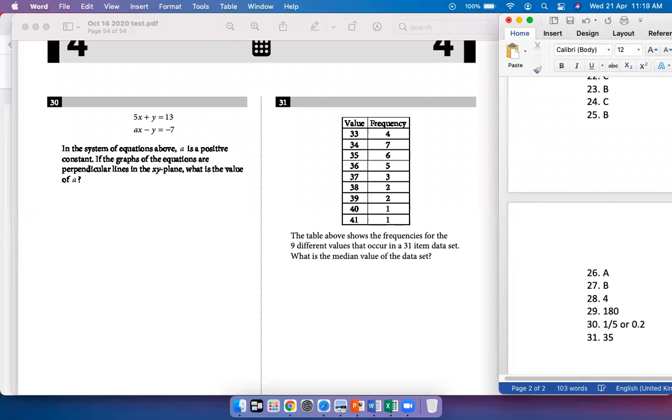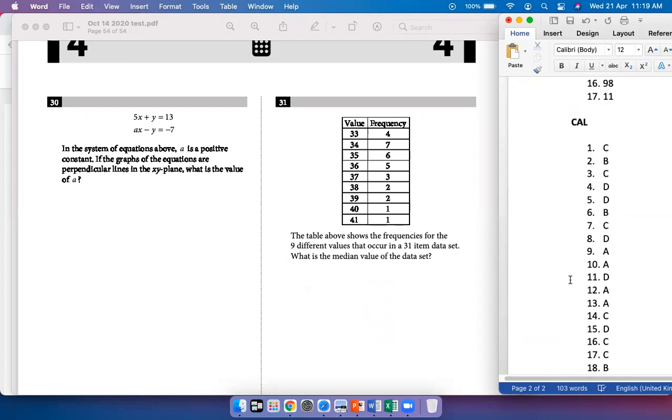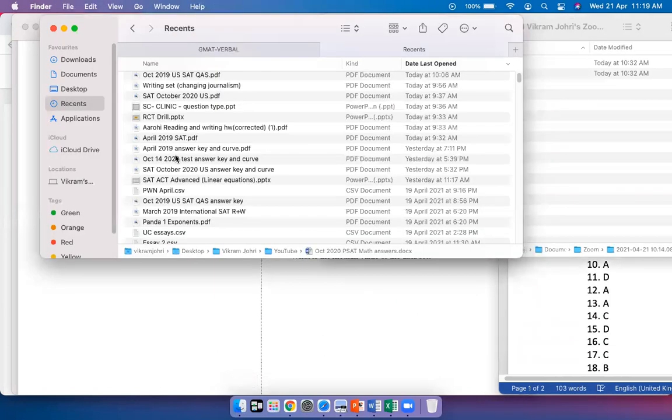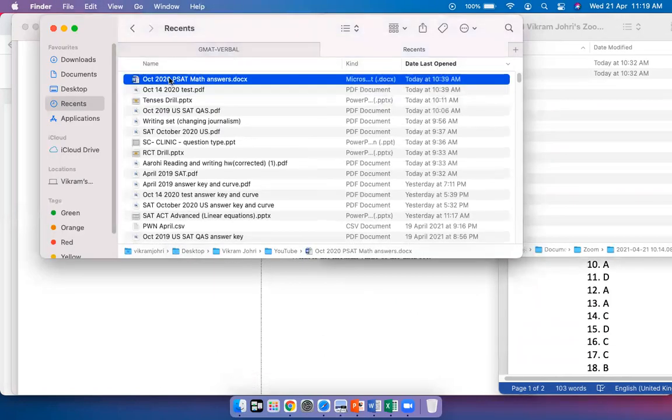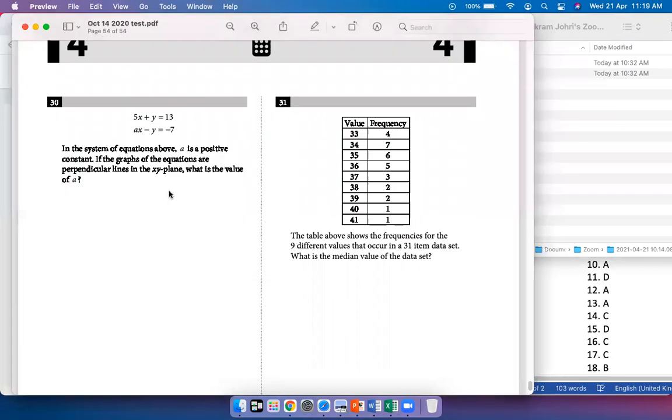Right, now let's grade our answers. We finished the calculator section. So where is the October 14? Yeah, this is the answer key.